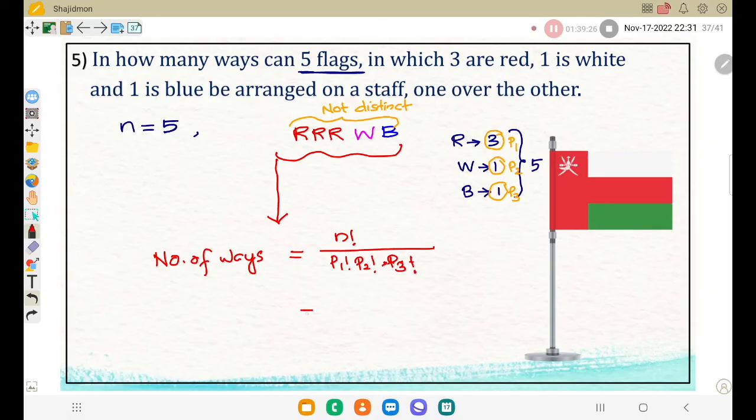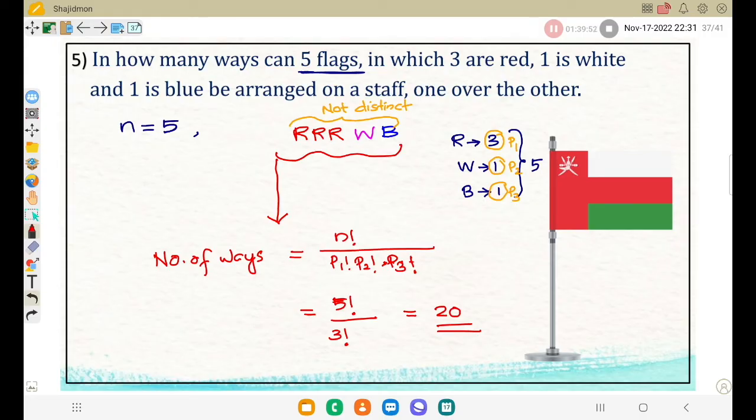So what is n? 5. So 5 factorial divided by P1. P1 means R coming 3 times, 3 factorial. Next 1, no need to write. 5 factorial by 3 factorial. What is the answer? 20 ways we can arrange. Totally 20 ways we can arrange the flags one over the other on a staff.